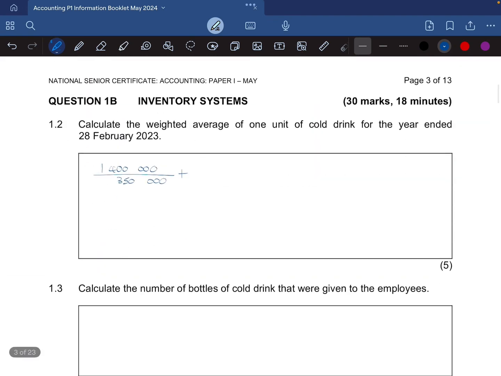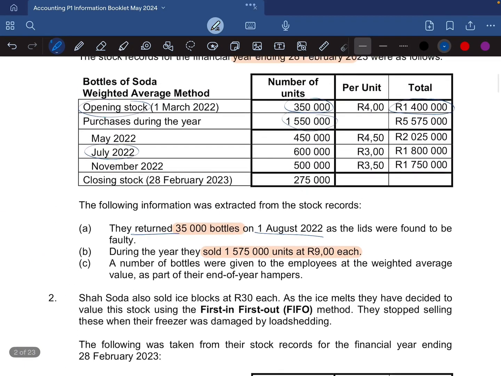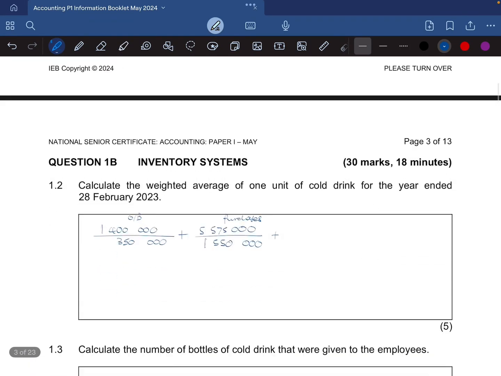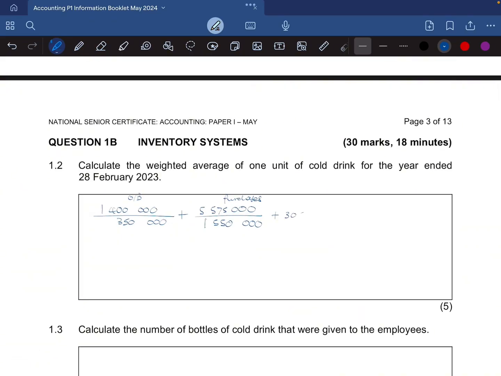Okay, so here we have 5,575,000, and then that was 1,550,000. So this is the opening balance. This is our purchases, plus the carriage fees of 30,500 that we have had. Right, so 30,500.